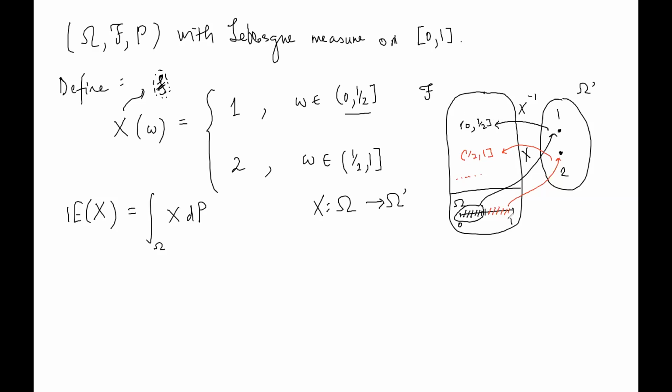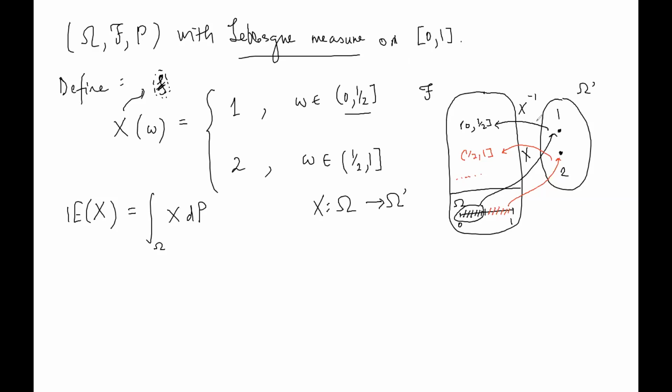And since this is 0, 1, this is a Borel sigma field. The Borel sigma field will contain all these intervals. So you map it to 0 to 1/2 because it's a Lebesgue measure on 0, 1. So it's basically measuring the length, assigning a measure based on the length.